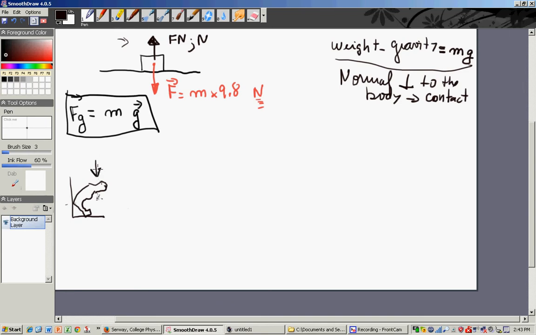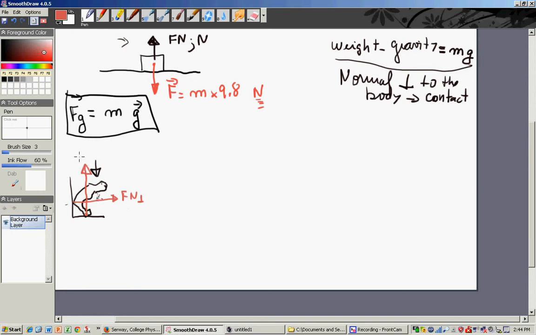So we have a funny situation where you have two contacts, and if you're studying the body as being the person, what are the normal forces acting on the person? Well, I have one that comes out of the wall to the person, perpendicular to it, Fn1.